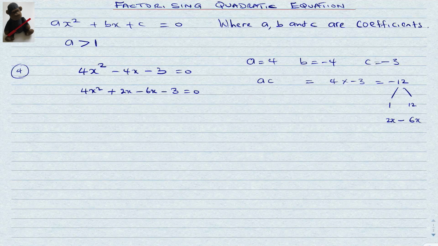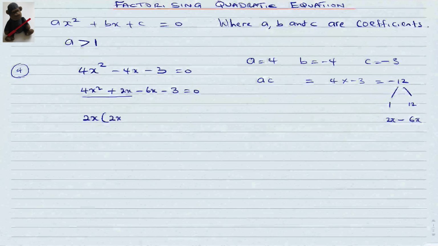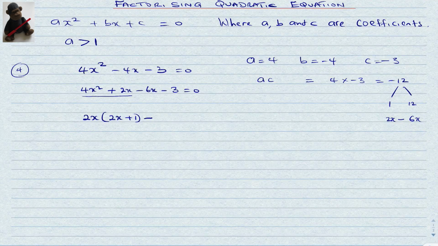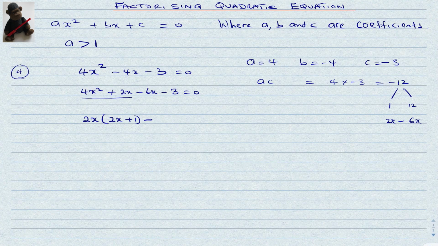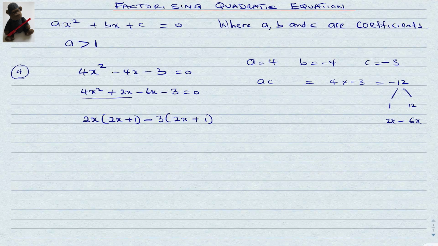Now what we need to do is factorize the first two. 2x is common, so I get 2x plus 1, and then I write minus, and I'll take out 3 from there, and I'm left with 2x plus 1, because minus 3 times 2x will give us minus 6, and minus 3 times plus 1 will give us minus 3.